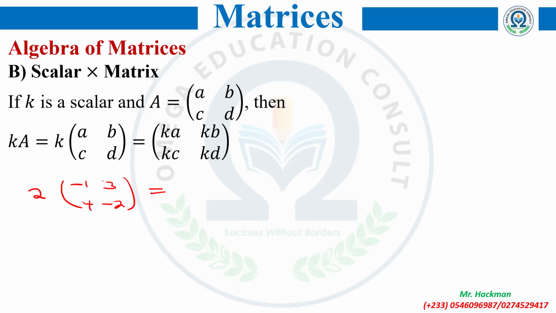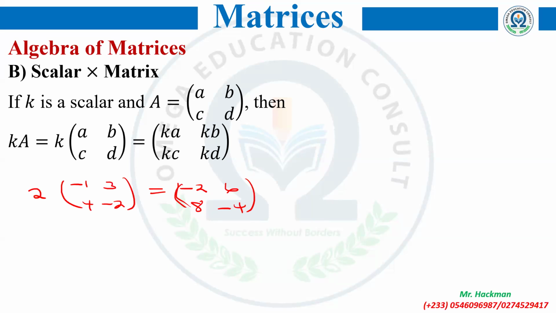So it will be 2 times -1, which will give me -2. 2 times -3, which will give me -6. 2 times 4, which will give me 8. Then 2 times -2, which will give me -4. It's a matrix, so I put it in my square bracket. All correct, my professors?